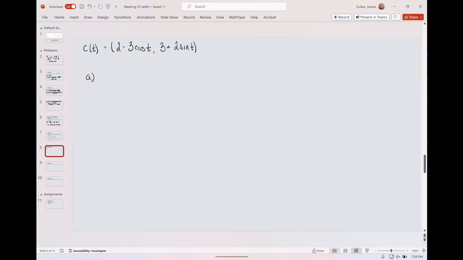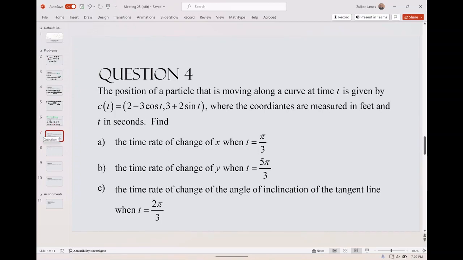So what are we looking for? Right, so if we're looking for time rate of change of x, what are we trying to find?